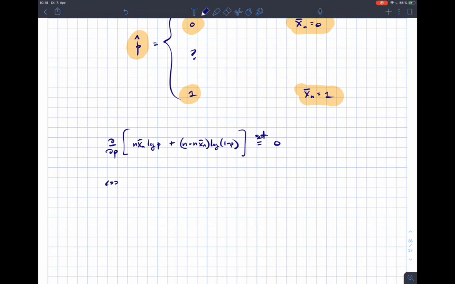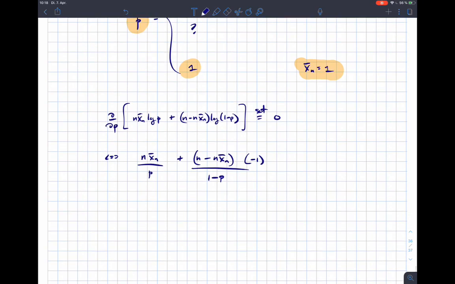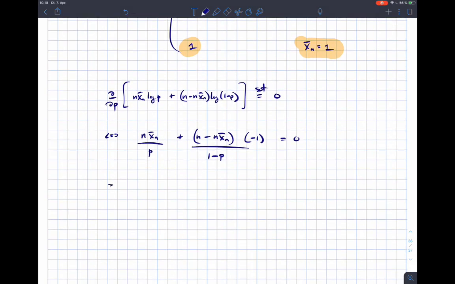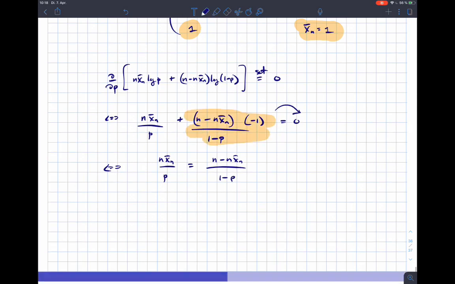So taking this derivative, I get n x bar over p plus n minus n x bar over 1 minus p times minus 1 because of the chain rule. Set it equal to 0. So I get n x bar over p equals n minus n x bar over 1 minus p, sending this over to the other side. I can divide both sides by n.